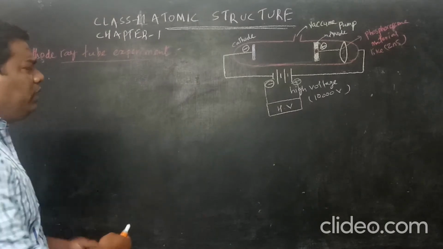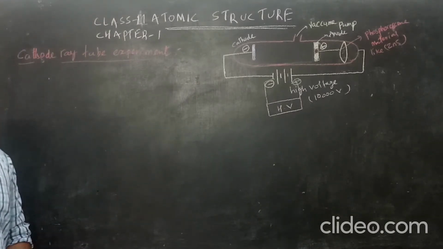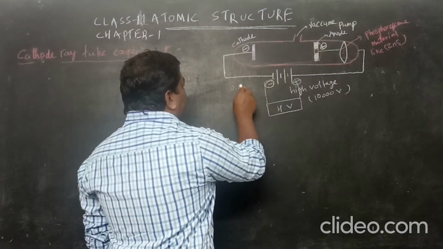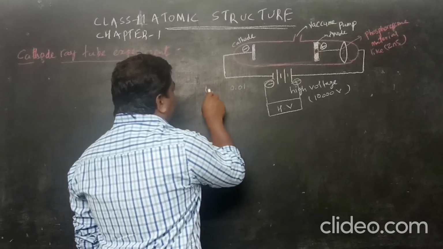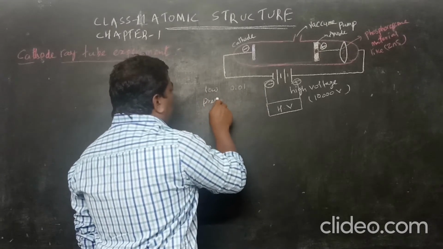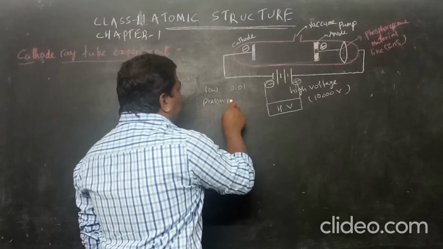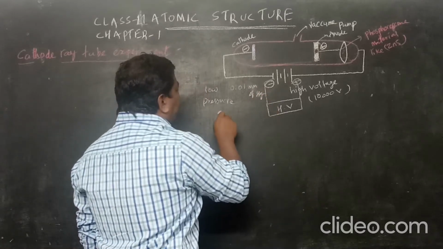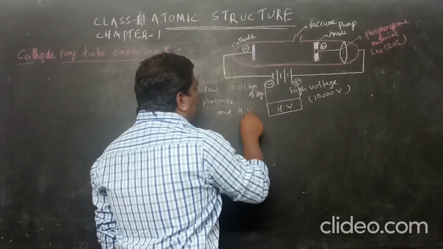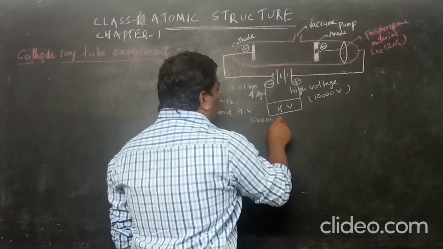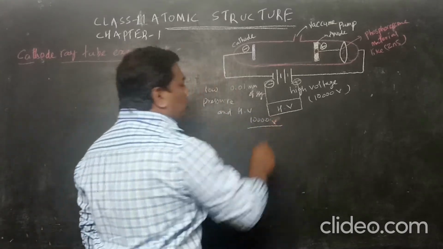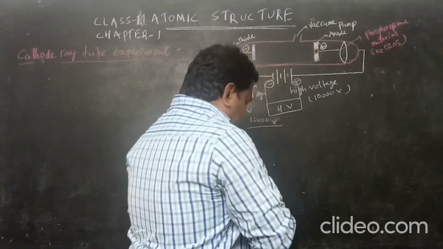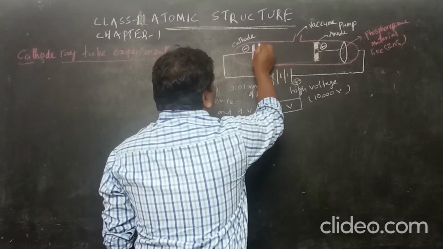So what we observed in the experiment: when the discharge tube is at low pressure, that is 0.01 mm of Hg, and high voltage, that is 10,000 volts, some rays travel from the cathode material to the anode.